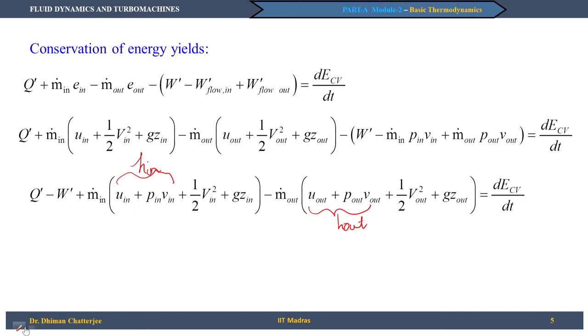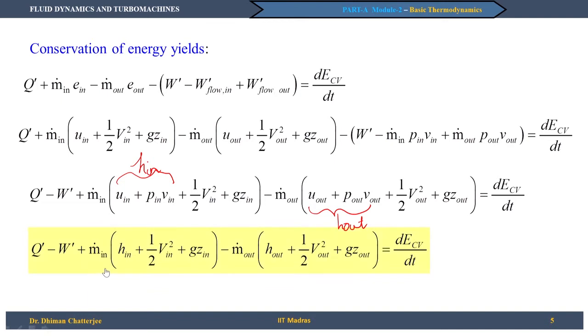So, now if I rewrite it in terms of the enthalpies in place of the internal energy and the flow work, we get the final form which we need: Q prime minus W prime plus m dot in H in plus half V in square plus Gz in minus m dot out H out plus half V out square plus Gz out is equal to dECV dt.